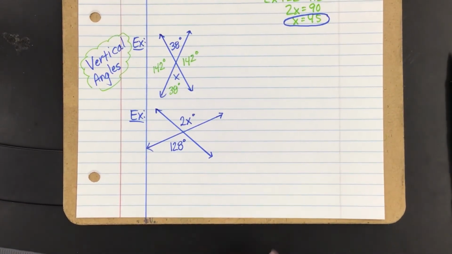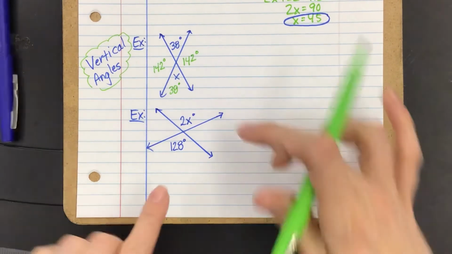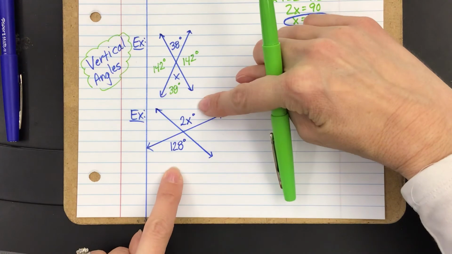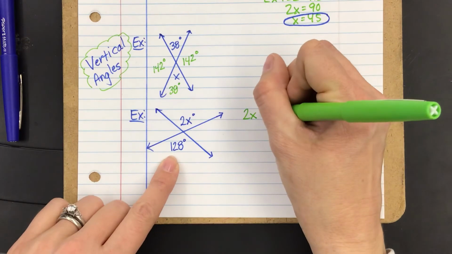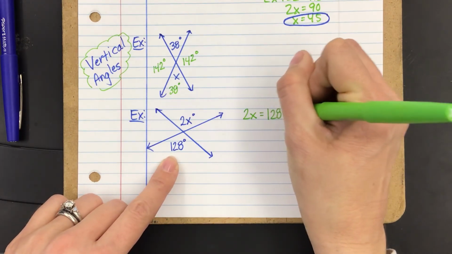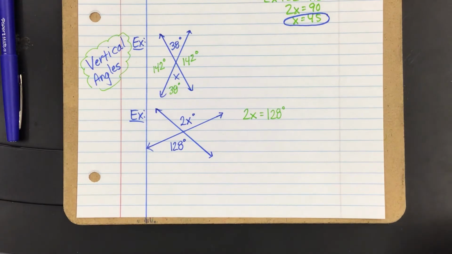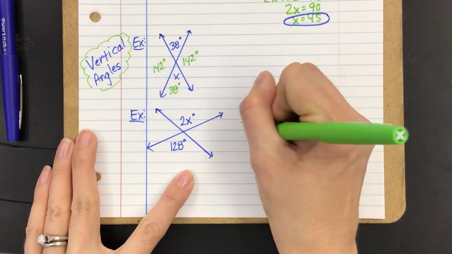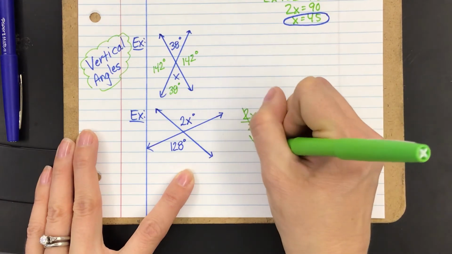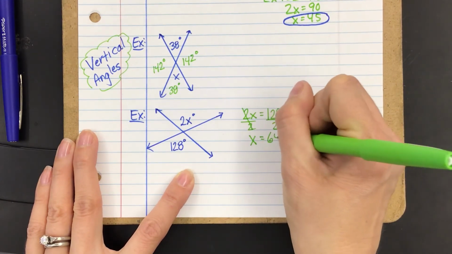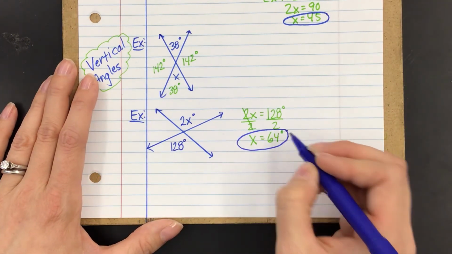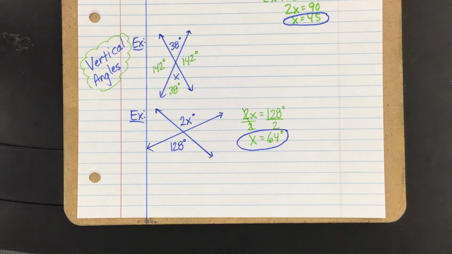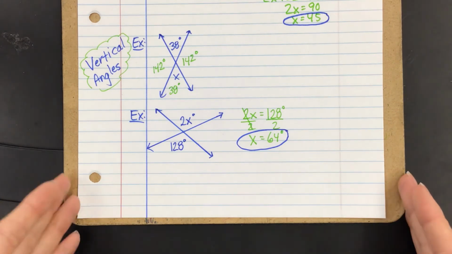Good. Okay. Now, if you're going to set up an equation for this, since these two have the same measure because they're vertical, we can say that this angle 2x is equal to the measure of this angle, which is 128. And then you just solve the equation. And we get that x is equal to 64 degrees. So vertical angles are the only ones that you're setting equal to each other. The other angles, they're adding to a certain amount.